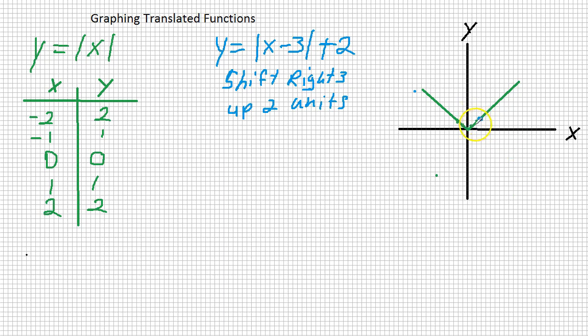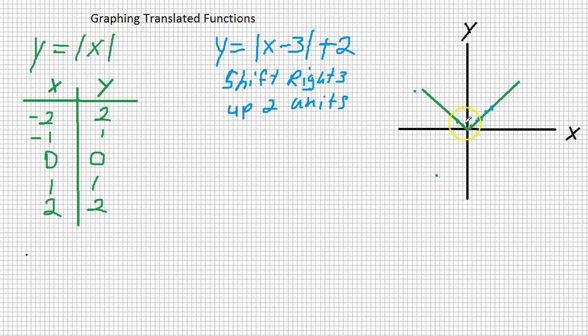Then I take the point 1, 1, move it right 3 squares and up 2 squares. Take the point 2, 2, move it right 3 squares and up 2 squares. You're like, well, these are on that line.